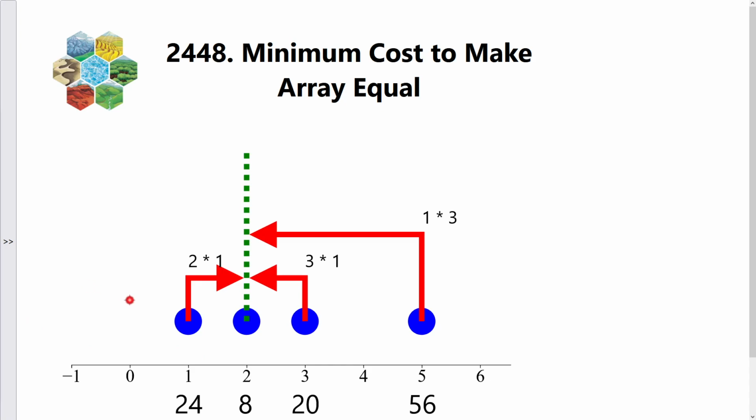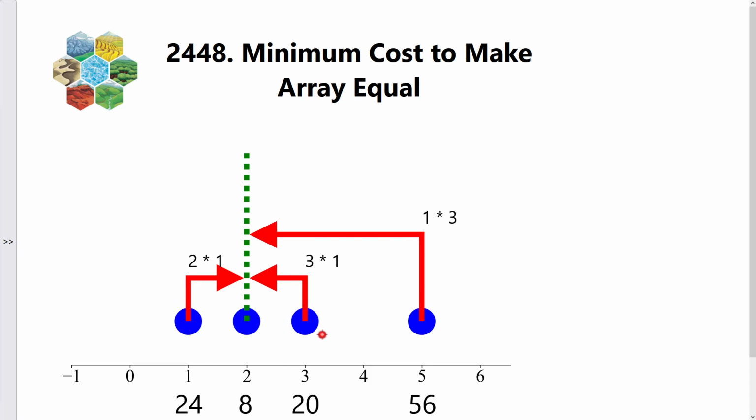We know if we try to solve this problem using the brute force way, for example, if we are going to move all the dots to 2, then we will calculate the distance from every dot to 2, and I will multiply the distance by the unit cost of this blue dot, so that I will have the cost for this blue dot.